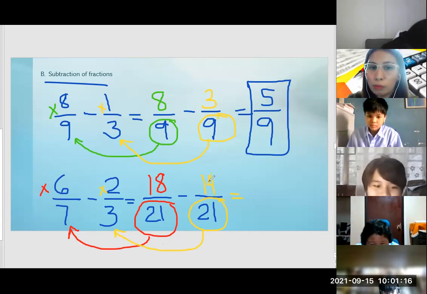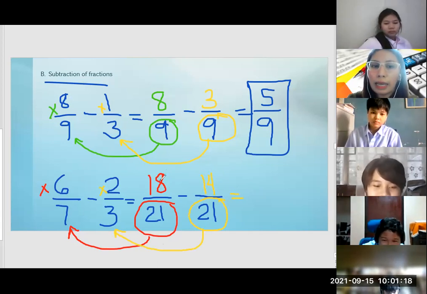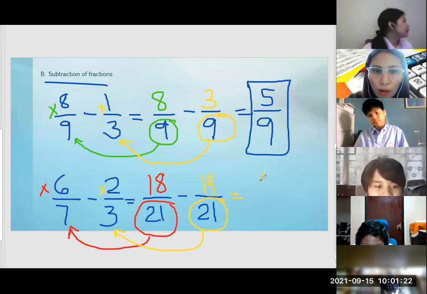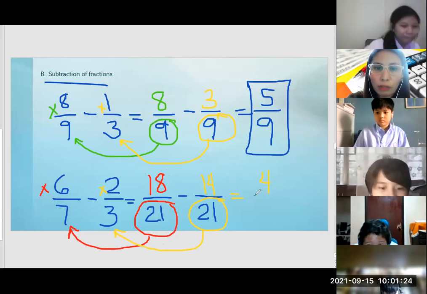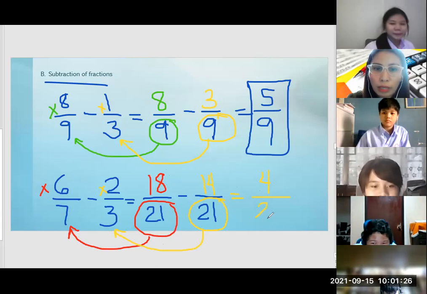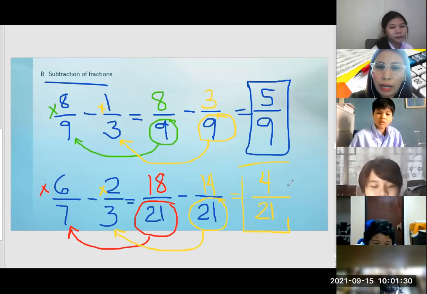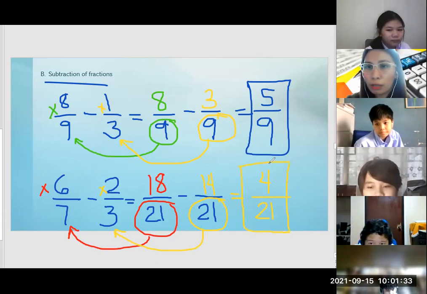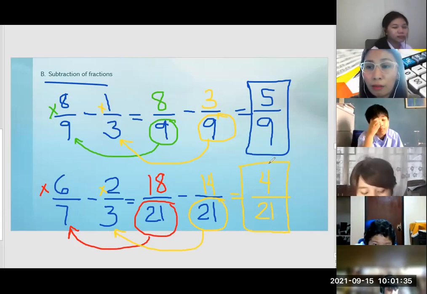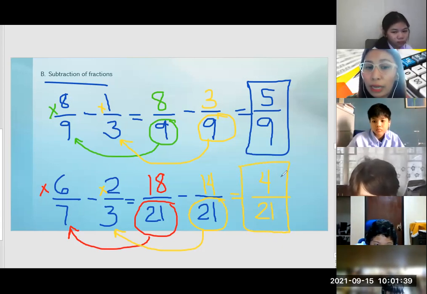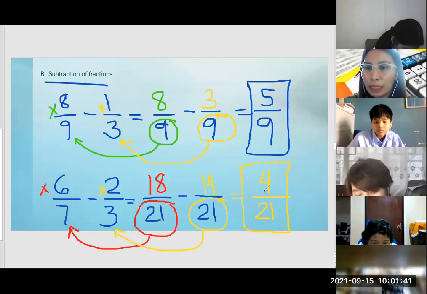Equal. Subtract 18 minus 14. We have 4 over 21. You cannot have one number that can be divided to both numerator and denominator. Kaya ito na yung final answer.